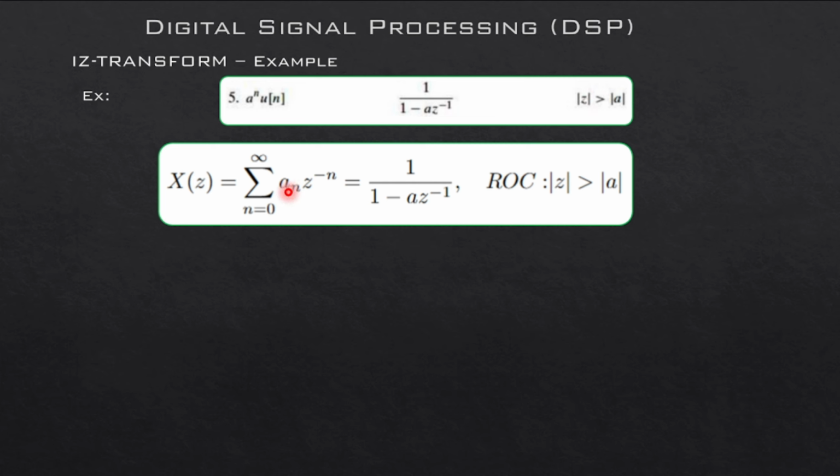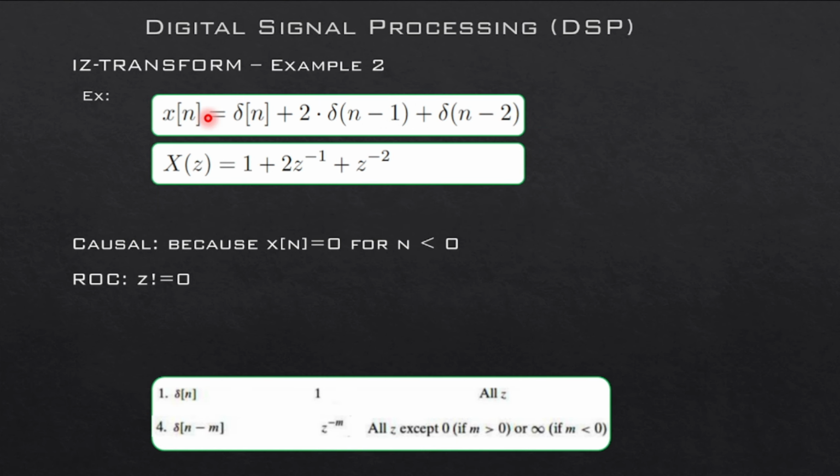So x z is equal to the sum from 0 to plus infinity of a to the n z to the power minus n, which is 1 over 1 minus a z to the power minus 1. The ROC is absolute value of z greater than a. That's the transform, and we got that from the table.